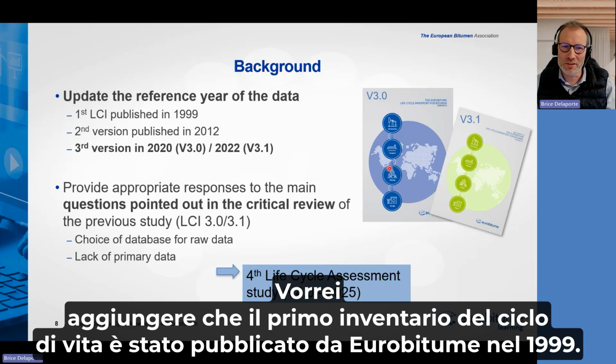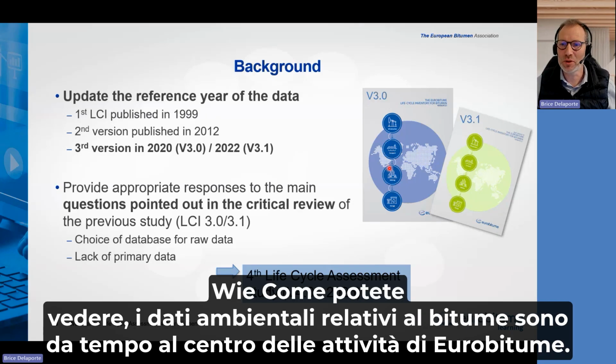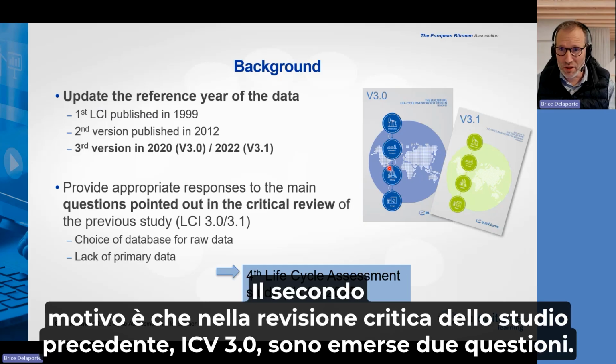I could add that the first life cycle inventory was published by EuroBitume in 1999. So as you can see, the environmental data for bitumen has been at the heart of EuroBitume's activities for a long time. The second reason is because in the critical review of the previous study, once again the LCI 3.0, 2 main questions were pointed out.